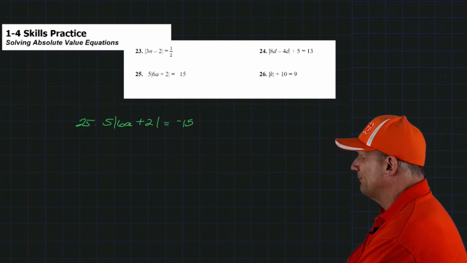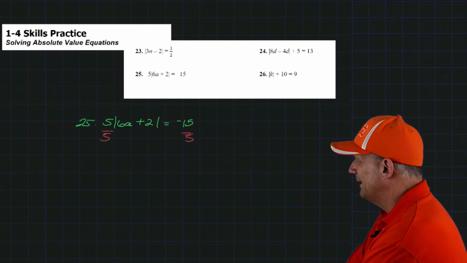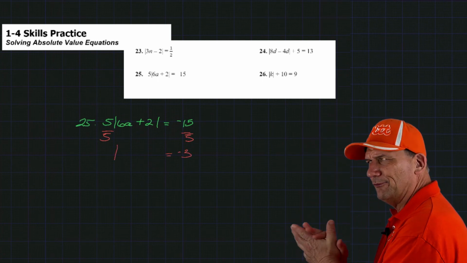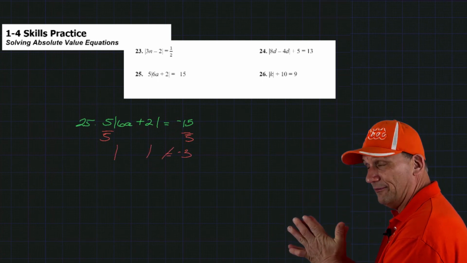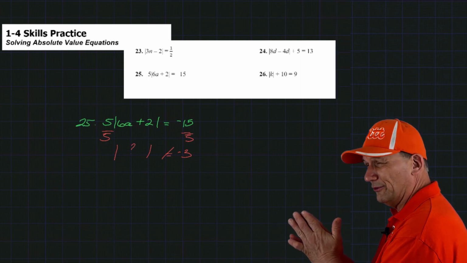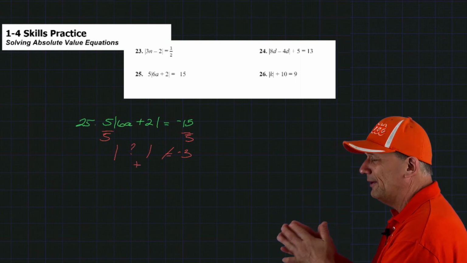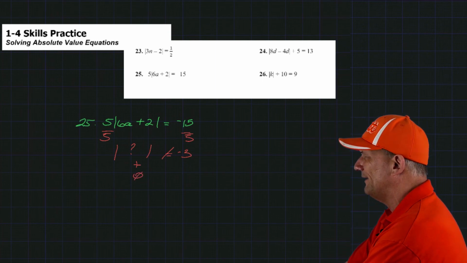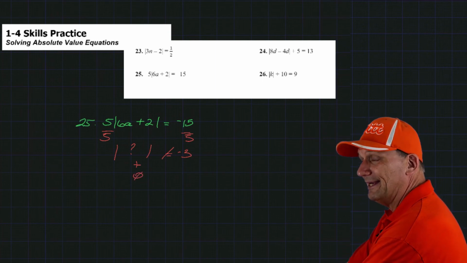Now, you may have picked up on the fact that that's a -15, and you may say, hey, wait a minute, that's no solution. But you cannot determine that until you get the absolute value brackets by themselves. When it's all alone, in standard form, that's when you take a look at what it equals. And in this case, when I divide -15 by 5, I get -3.